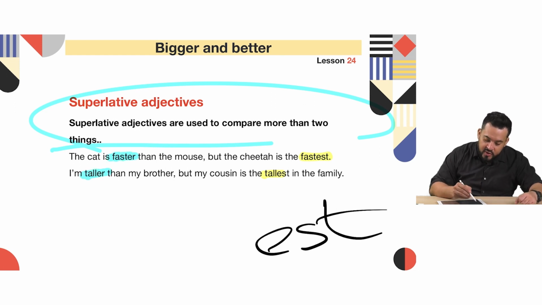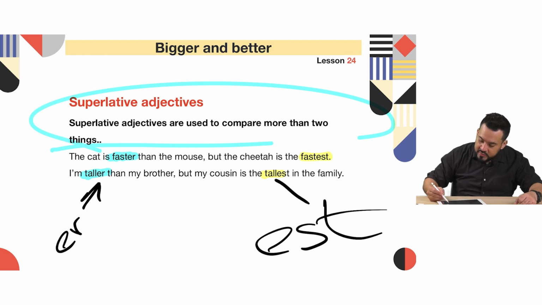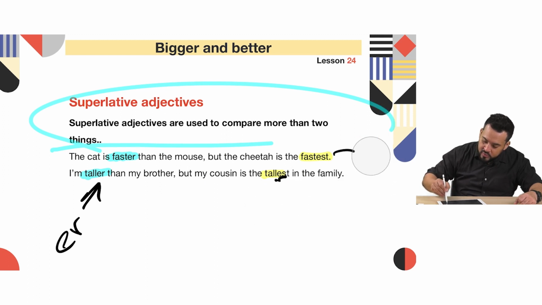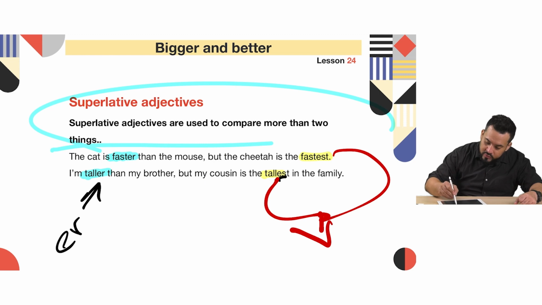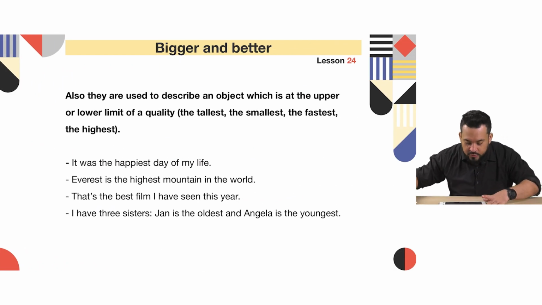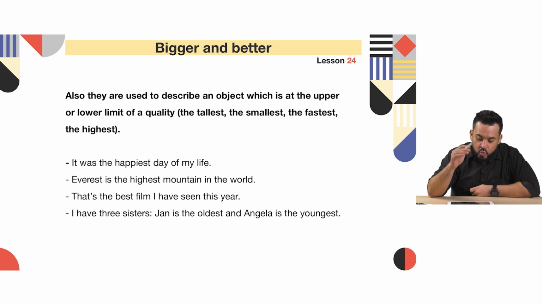It ends in ER, as you see, and tallest and fastest are the superlatives, and they both end with EST. All right, okay.